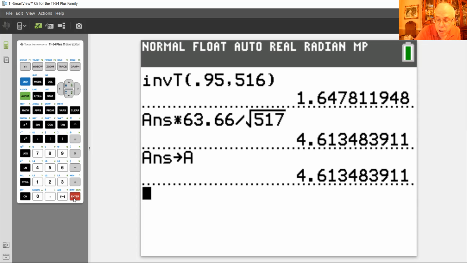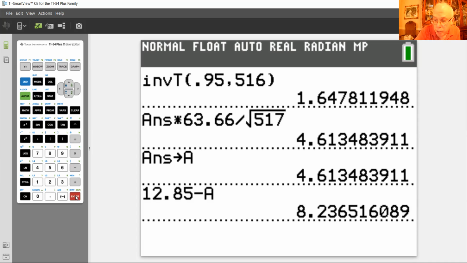Now we simply take our sample mean, 12.85, and we'll subtract the margin of error, alpha A. Here's our lower end of the interval. And then we're going to take 12.85 and add the margin of error, alpha A. Okay.